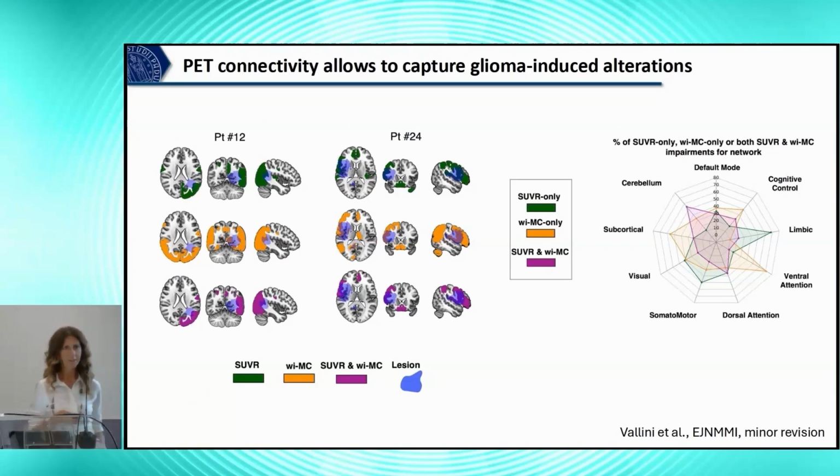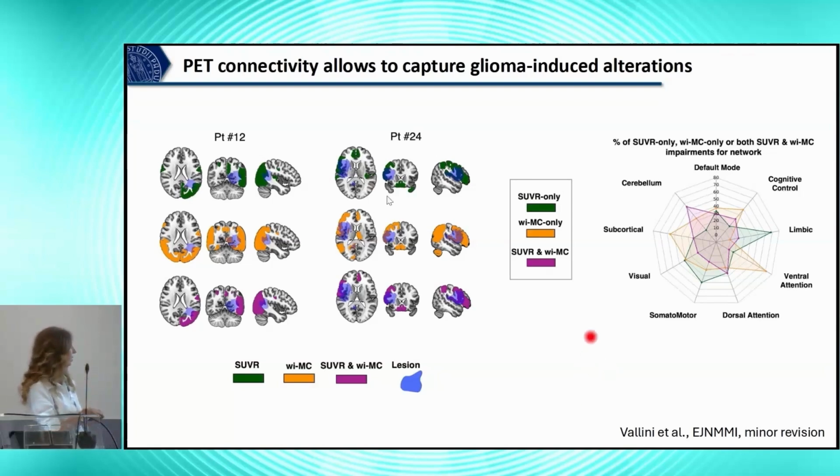And we used the glioma dataset that was collected with the team of Professor Corbetta, and some results come from the same dataset that you already have seen. We tried to understand if it's possible to detect alteration in the metabolic connectivity, as we already have seen that it's possible with functional connectivity and structural connectivity. And we demonstrate that yes, it's possible.